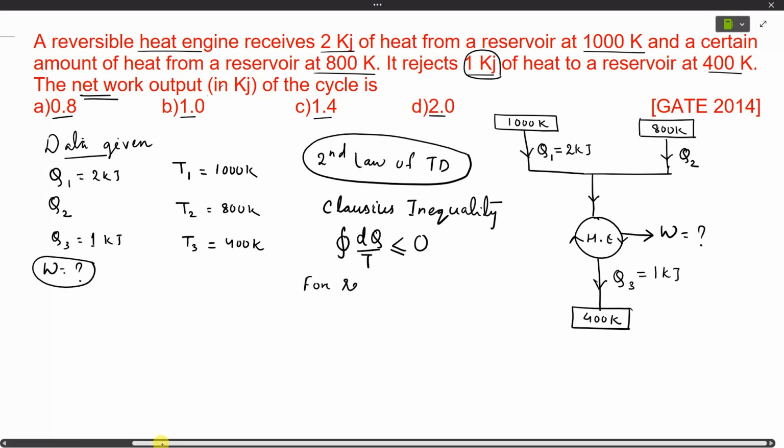So if we consider the expression for a reversible heat engine, it becomes cyclic integral of dQ by T equal to 0.